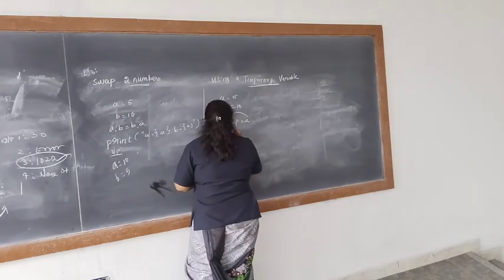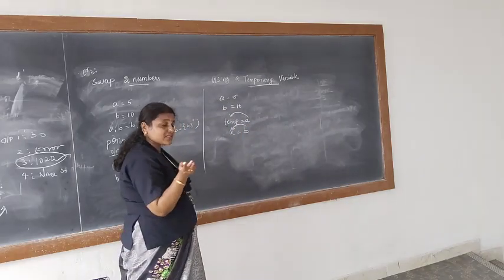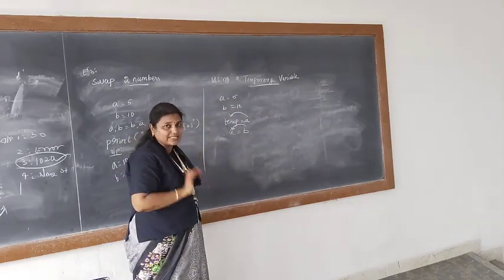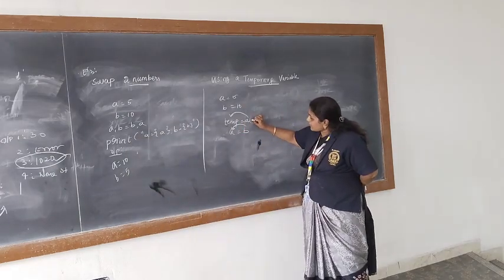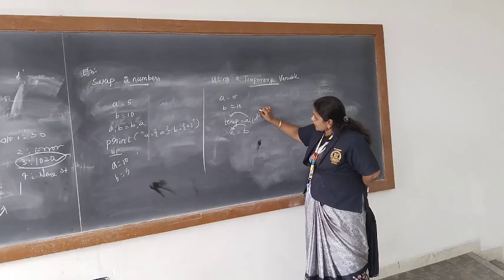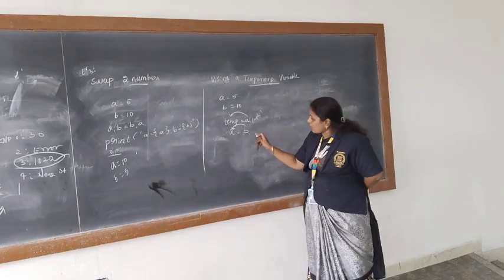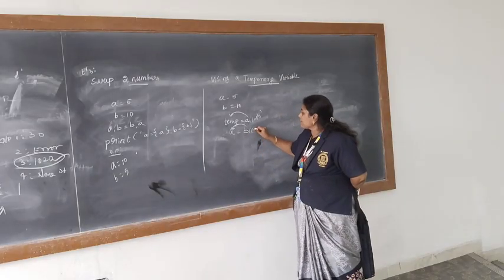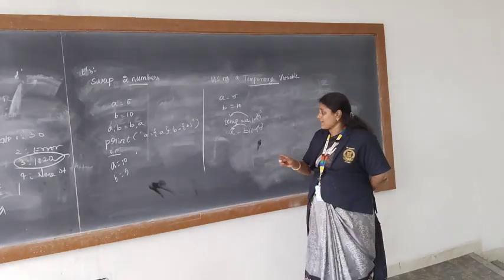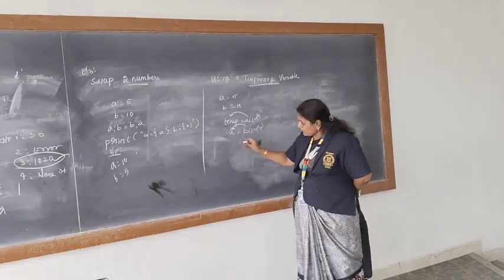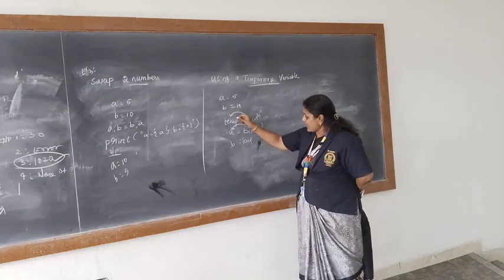Clear? Now the b value is moved to a. Now b is empty. So at this point, guys, see, at this point a was empty because a value was moved to the temporary variable. Now b is empty. So b value goes into a. So now which one is empty? B is empty, right? Then put it here. Okay. So now temp has some value, right?